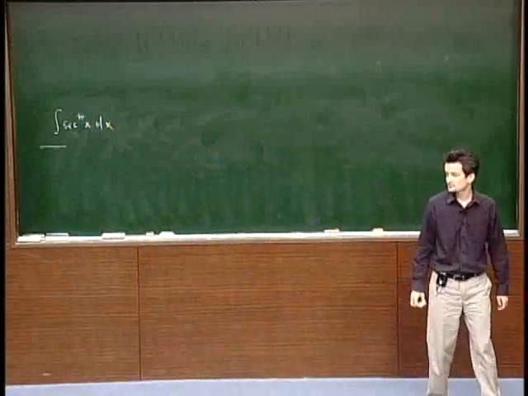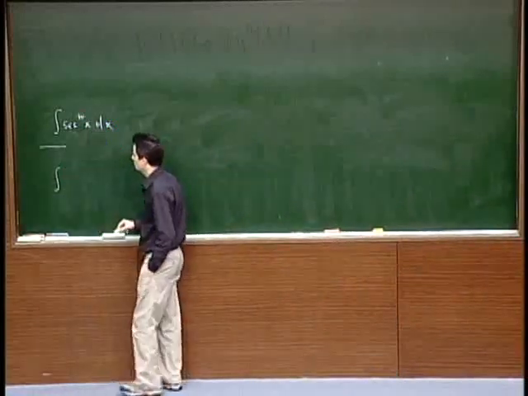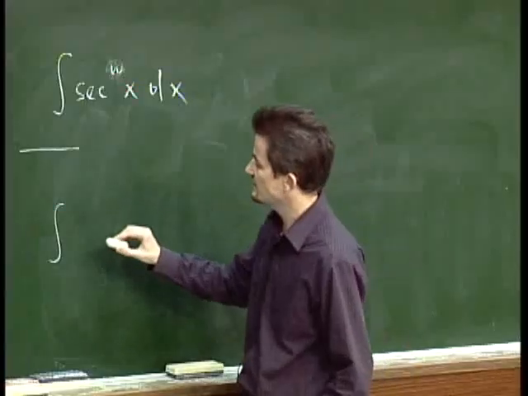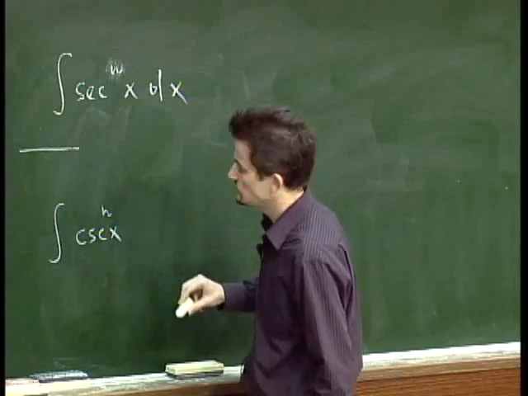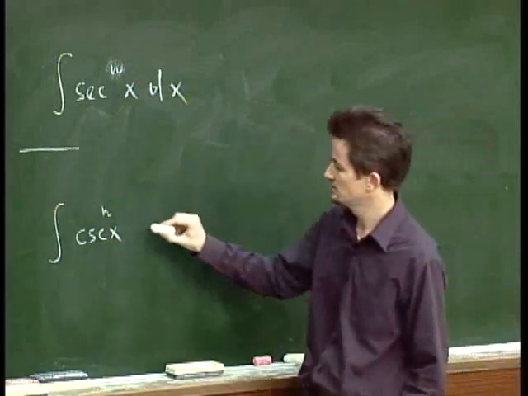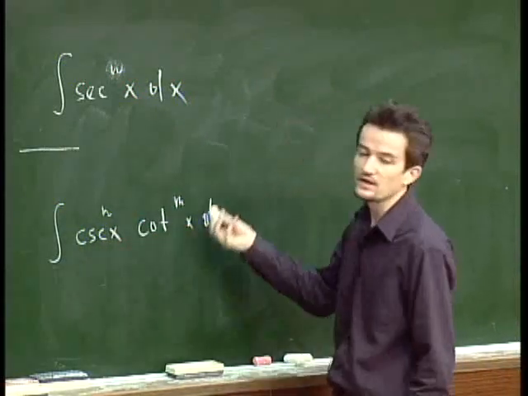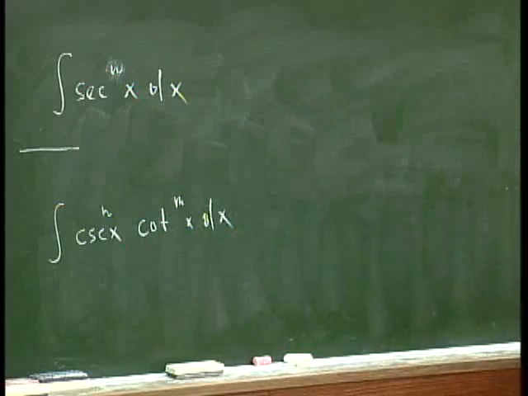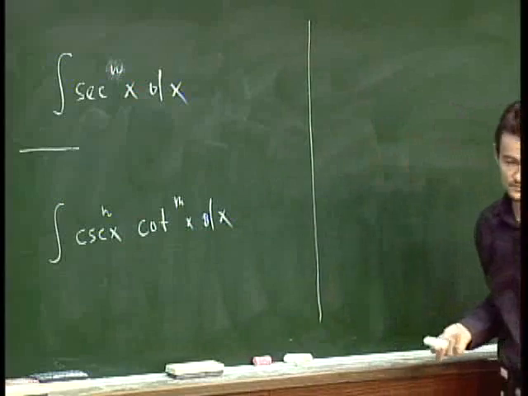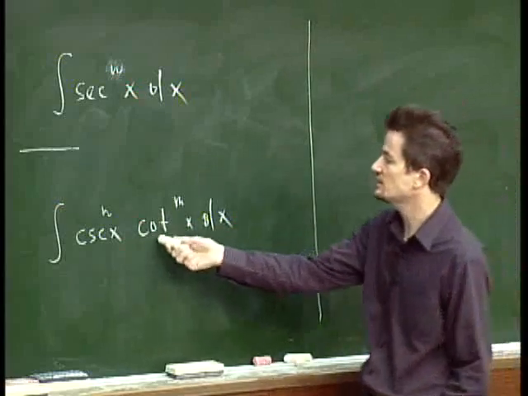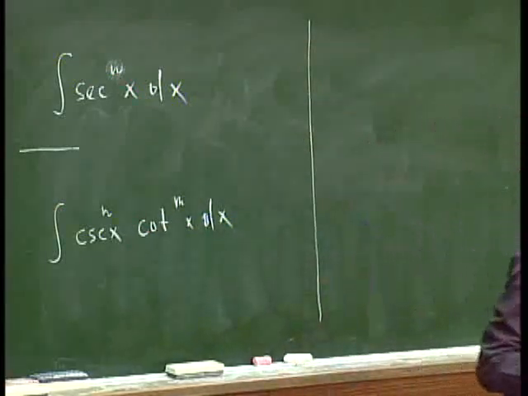Now, a class of functions which is pretty similar is the following one. You replace secant by cosecant, and you replace tangent by cotangent. Similarly, you use the same approach we have considered, because you know that the derivative of the cotangent is minus the cosecant squared.